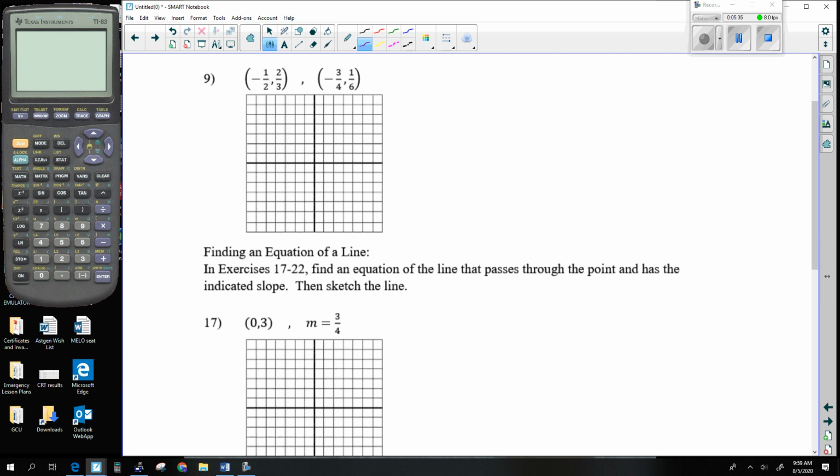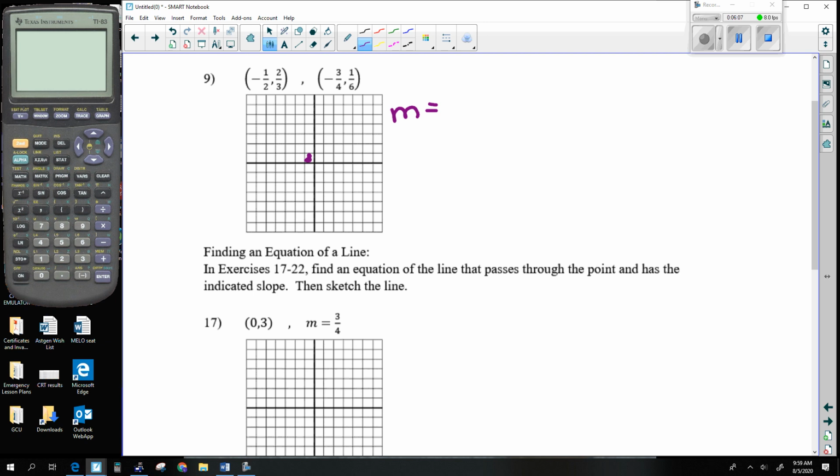If I needed to, the second point has an x coordinate of -3/4 and a y coordinate of 1/6, so it'd be somewhere in there. And then we have -1/2 and 2/3. So there you go, I plotted some points, but how are you actually going to find this slope?